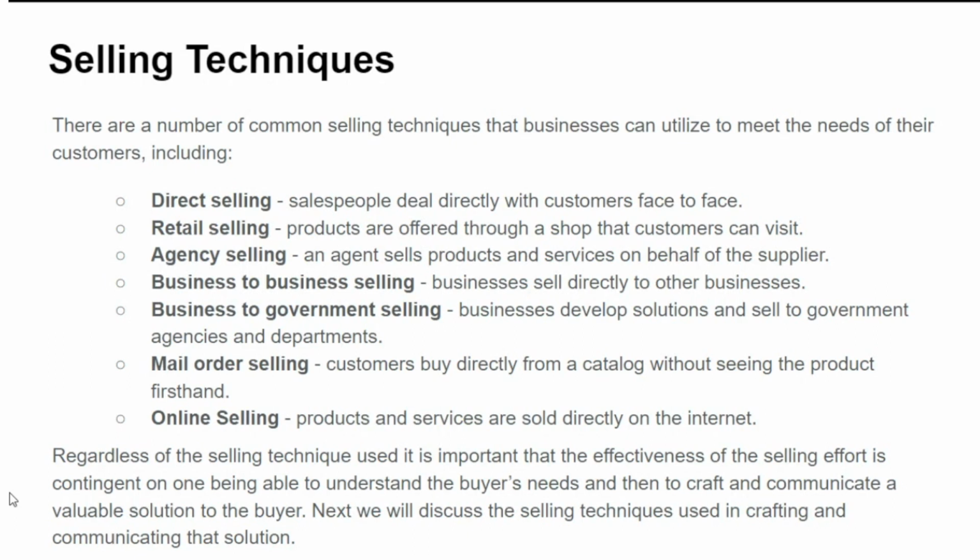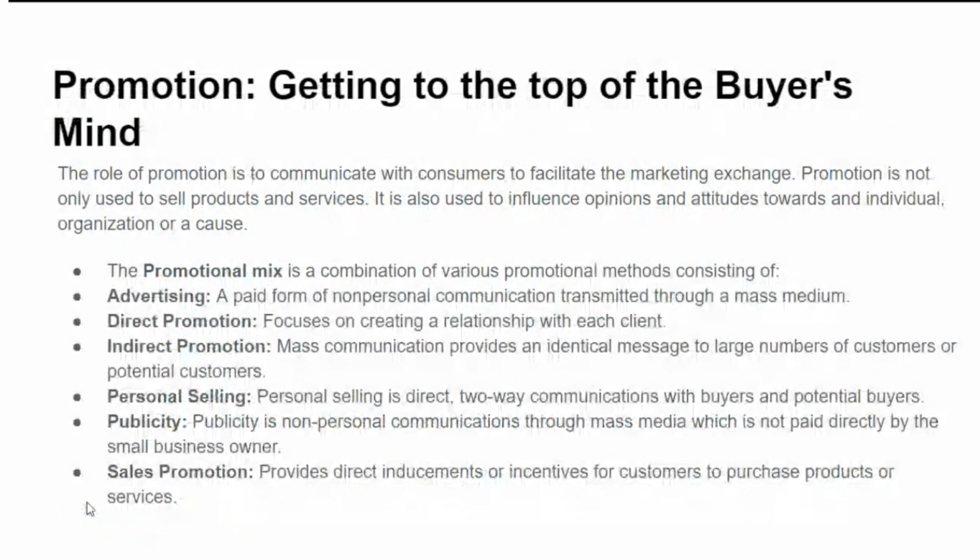So that steel that you buy that you're going to use in the machining process, that's business to business, because you're going to take that steel and change it and sell it to someone else. Mail order selling, this is online, Amazon, you got it. So every one of those selling methods has a slightly different way of how to communicate.